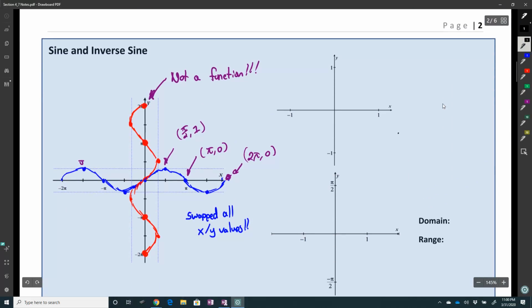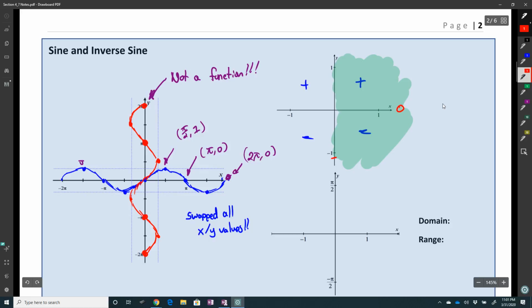Okay. Now sine itself is positive, positive, negative, negative. And for our inverse, we want to have a positive and a negative region. So we're going to use these two. Basically, it goes from negative pi over 2.